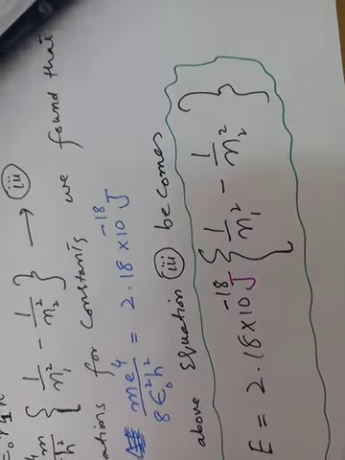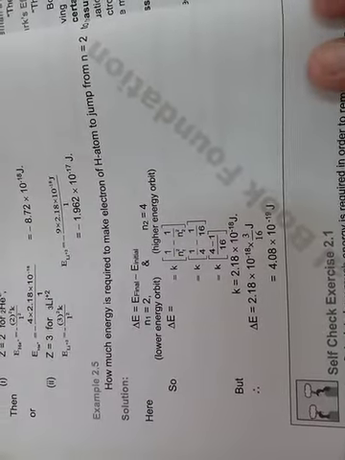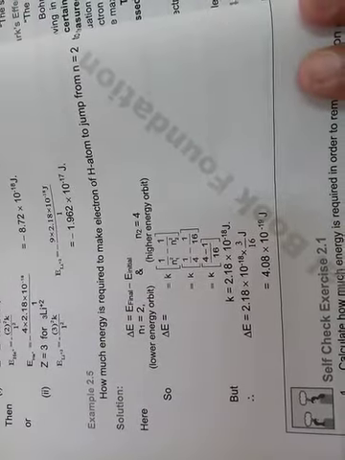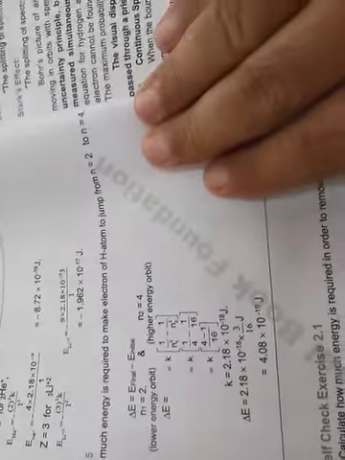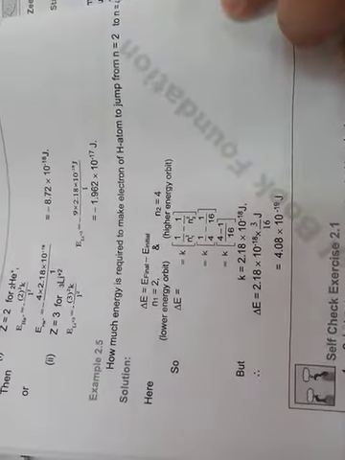If you check page 32, example 2.5, they have mentioned how much energy is required to make a hydrogen atom jump from n equal to 2 to n equal to 4. So when the electron jumps from the second orbit to the fourth orbit, how much energy will be required?